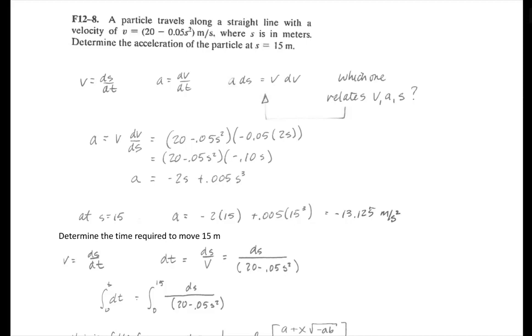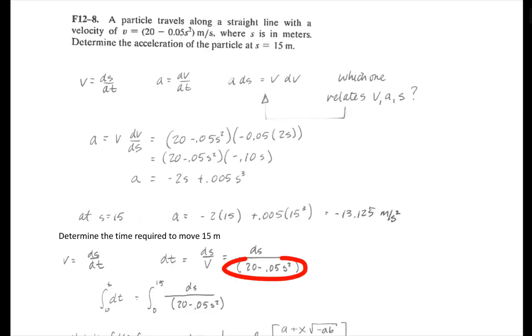If I want to find the time required to move that 15 meters, neither of these things had time involved, so now we have to go back to look at one of our time equations. So let's try velocity, v is ds/dt. I could put dt on the left side and put v under the ds, so dt is equal to ds over v.